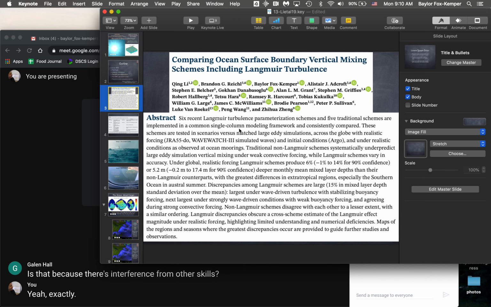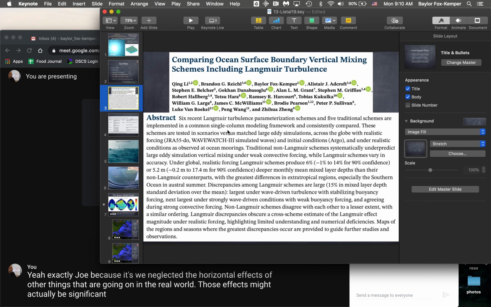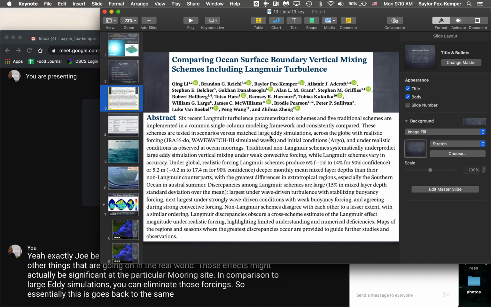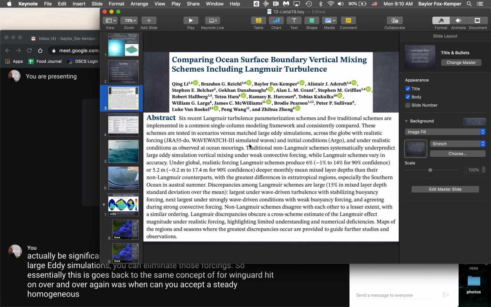Because we neglected the horizontal effects of other things that are going on in the real world, those effects might actually be significant at the particular mooring site. In comparison to large eddy simulations, you can eliminate those forcings. So essentially it goes back to the same concept that Wingard hit on over and over again: when can you accept a steady, homogeneous condition to compare to observations?